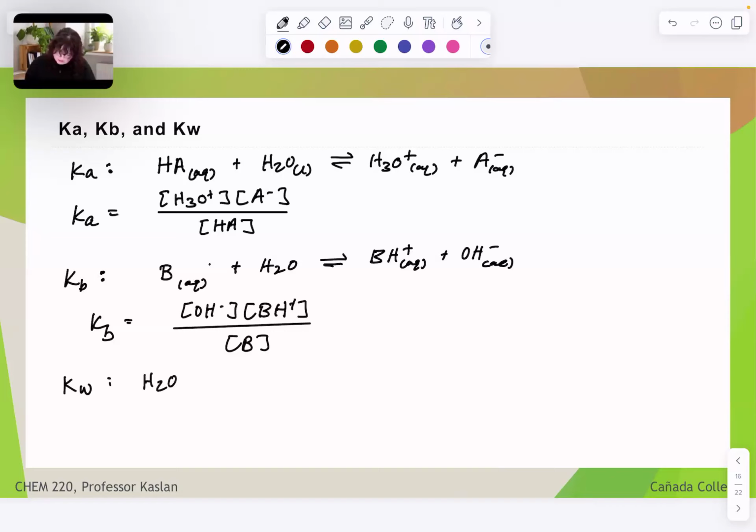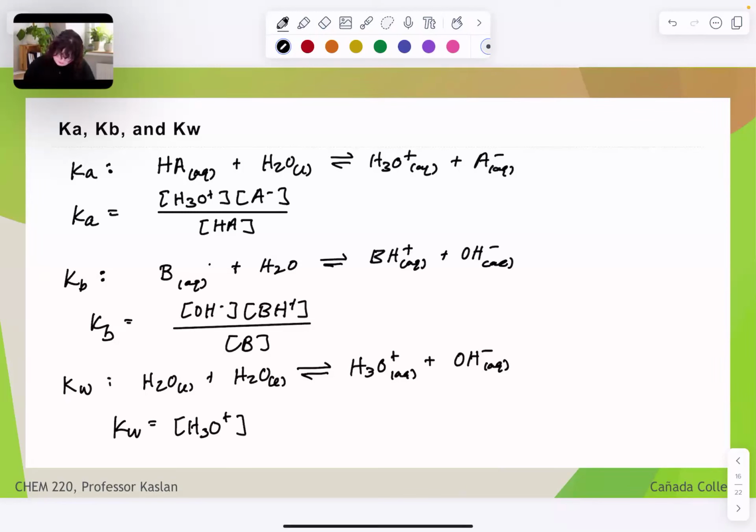That is H2O in the presence of itself, where one of the waters acts as a Bronsted-Lowry acid and the other a Bronsted-Lowry base. This will create one acidic particle in direct proportion with one basic particle, one hydroxide. So Kw is equal to concentration H3O plus times concentration OH minus.